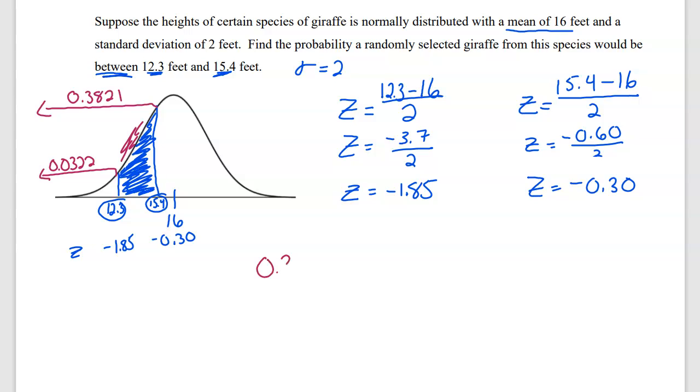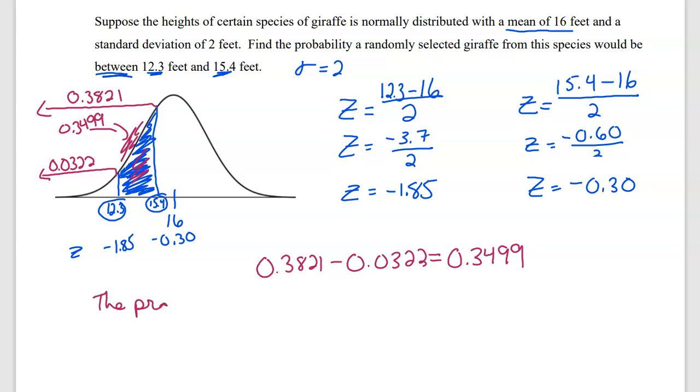So I get a 0.3821 minus a 0.0322, which would give me a 0.3499. That is this area. Those two numbers subtracted is what gives me the area in the middle.